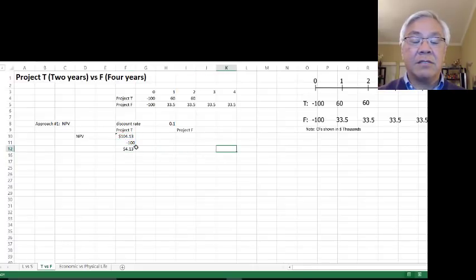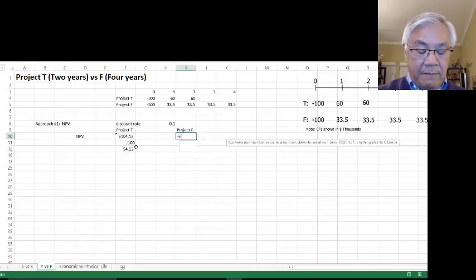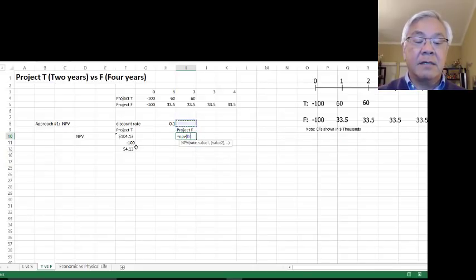So let's go out to F, and F is equals NPV, open parens, 10%, comma, years 1 through 4, close parens. We have an outlay of $100.